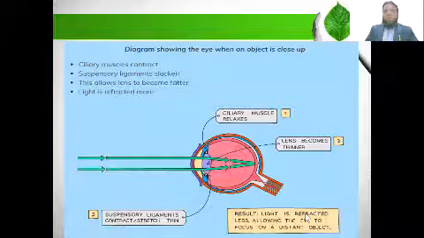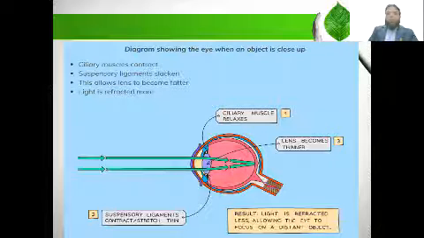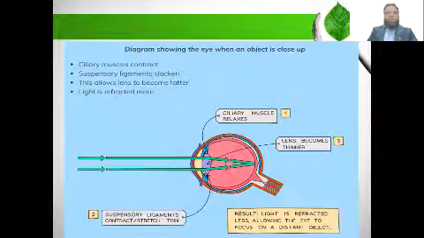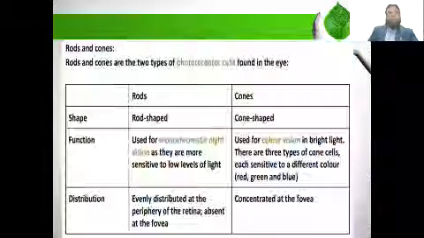So the light is refracted less, allowing the eye to focus on the distant object. In this way, the different parts of the eye play different roles.